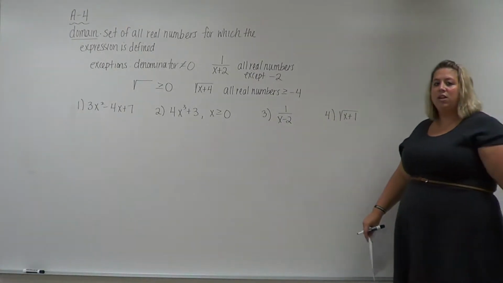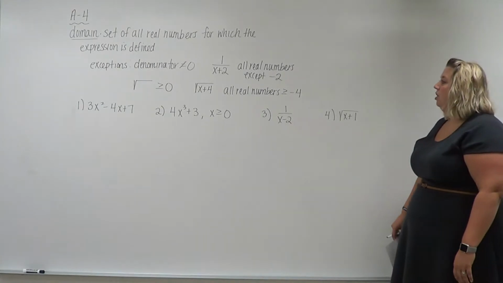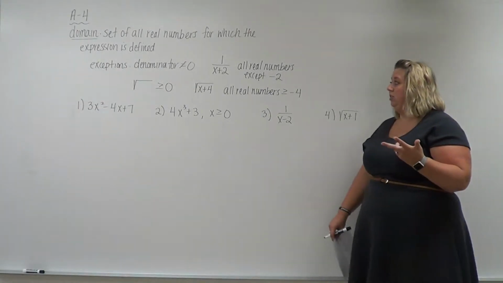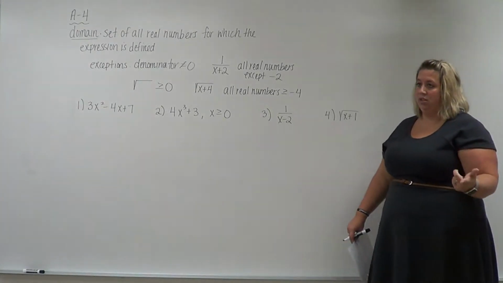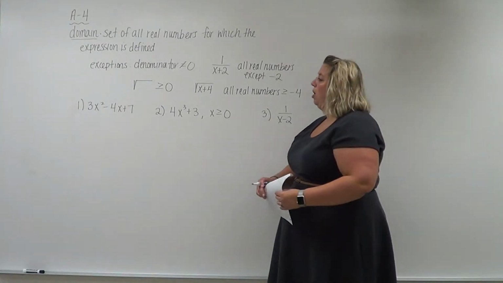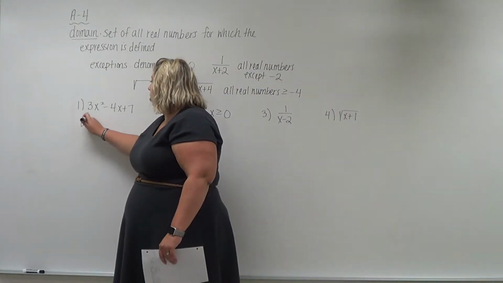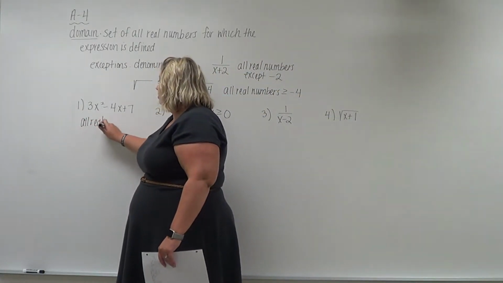Okay, so for each one of these examples, all we're going to do is define the domain. So my only exceptions that I have to worry about are denominators, a variable denominator, or square roots. Number 1 doesn't have any of those. So my domain for this would just be all real numbers.